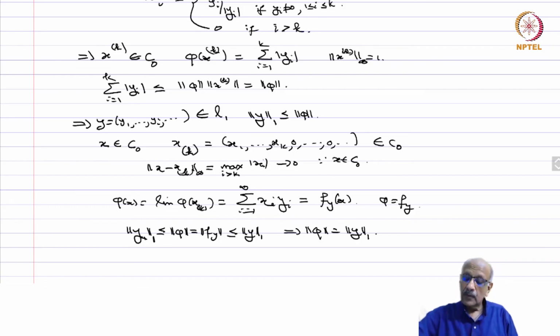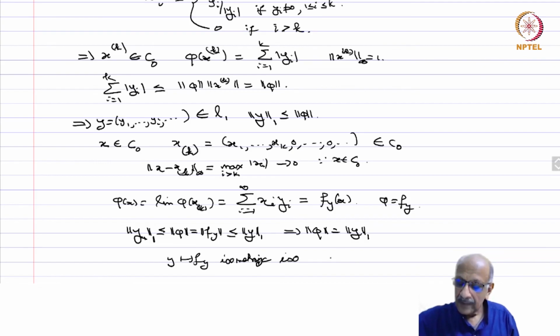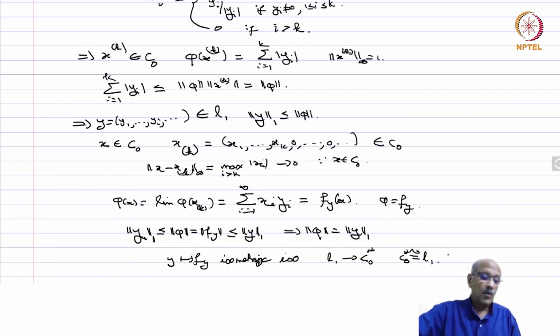So it is an isometric isomorphism, y going to Fy, from L1 to C0 star, and therefore C0 star can be identified with L1.